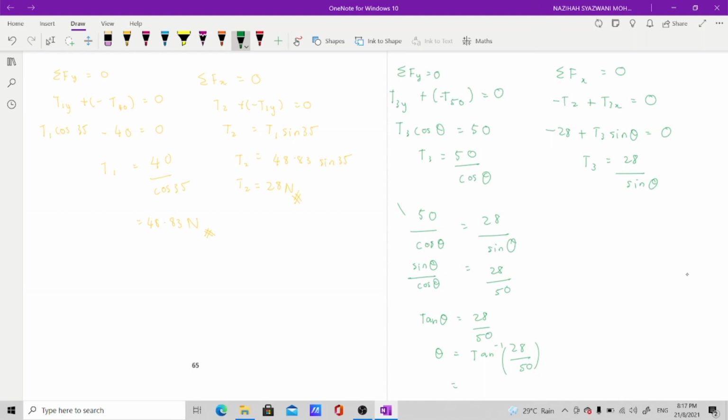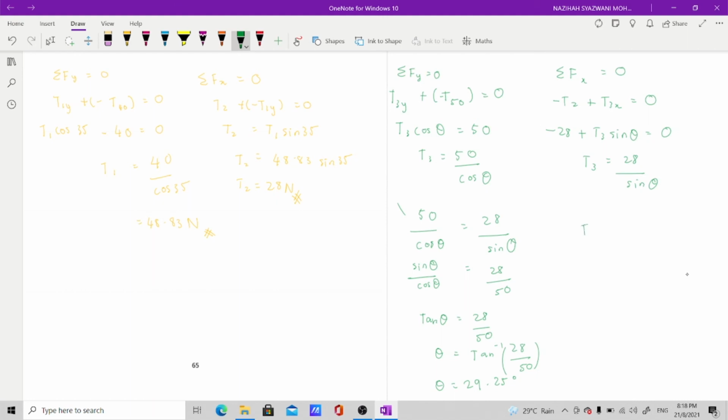Your answer should be theta equals 29.25 degrees.